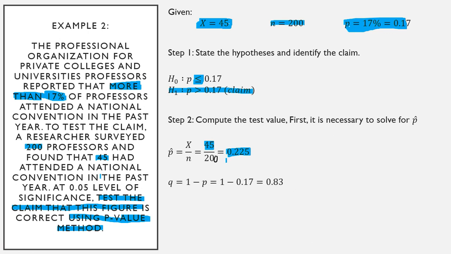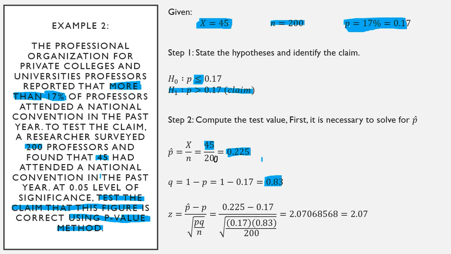For letter Q, of course, 1 minus P. So 1 minus 0.17, the population proportion, is equal to 0.83. Okay? So meron na tayong sample proportion, meron na tayong letter Q. So we can compute the test value.